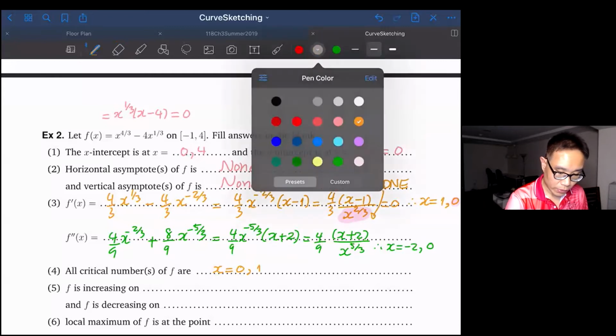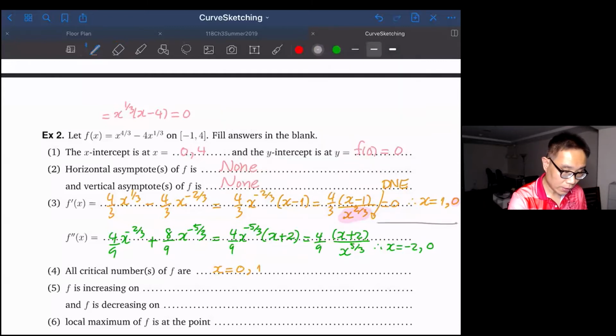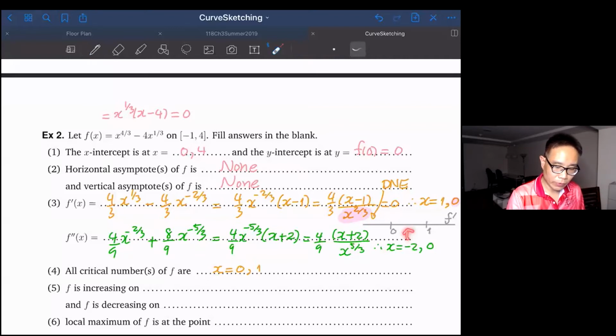So I have 0 and 1 like this. And for the sign of f prime, you're gonna plug in x equal to 2, x equal to 1/2, and x equal to negative 1 in each interval.